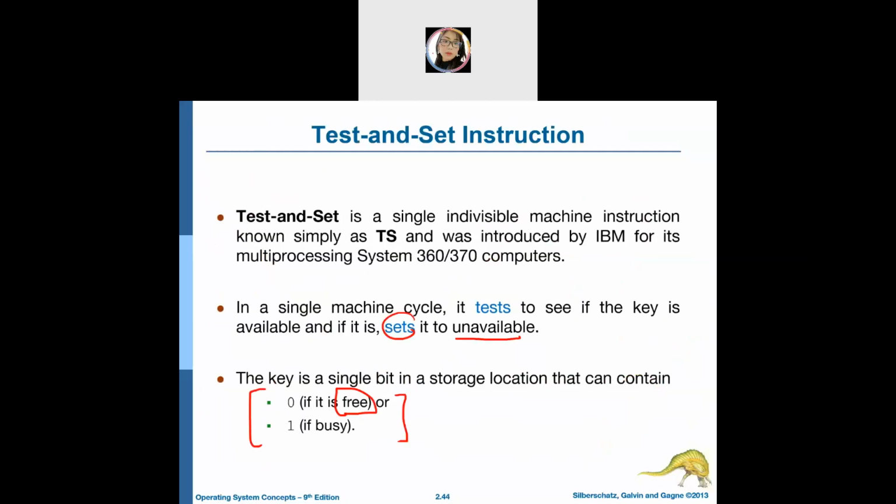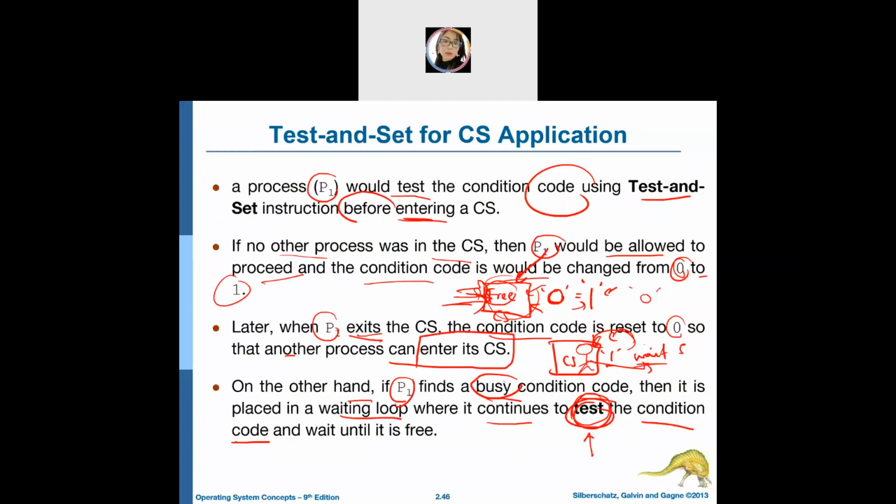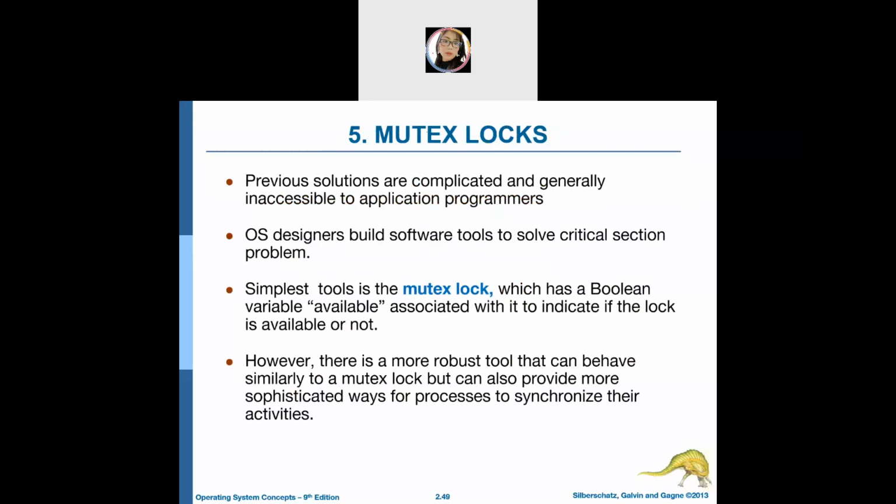So here, under our test and set condition, you're going to read deeper in pages 210 until 212.